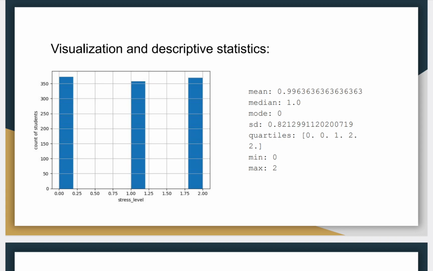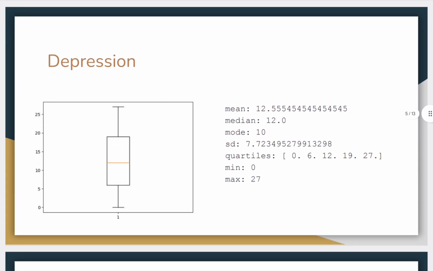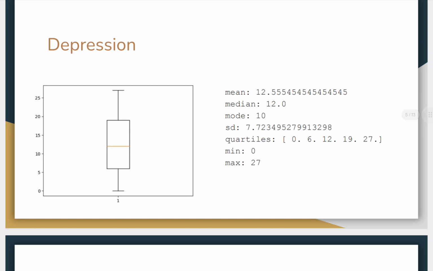So let's go to the next data. It is depression. Here you can see on the left side the box plot of the depression data set, and on the right side the descriptive statistics. Mean is 12.55, median 12, mode is 10, standard deviation is 7.72, and minimum and maximum are 0 and 27.